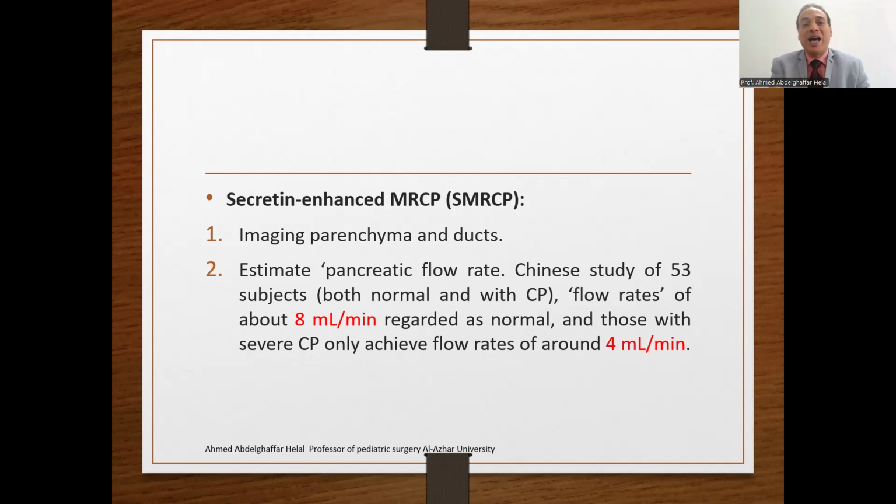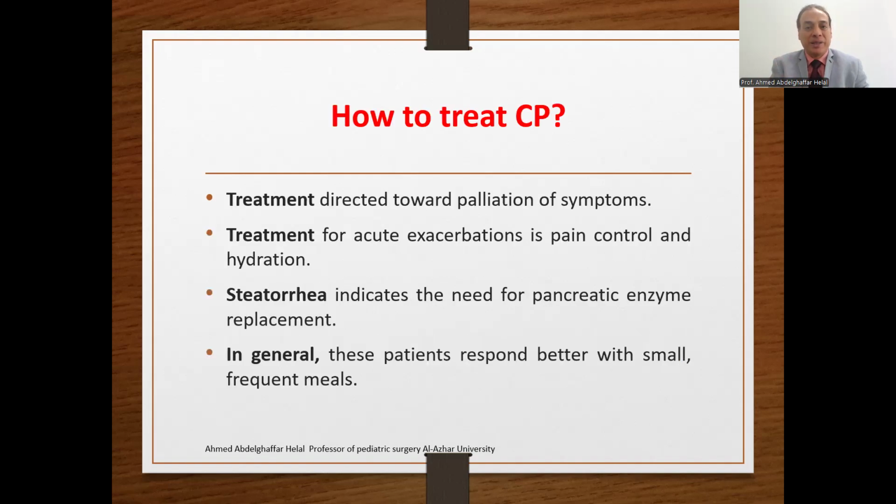So this secretin-enhanced MRCP is a new modality that gives a clearer image by giving secretin, which is a potent stimulant to the pancreatic ductal secretion of water and bicarbonate, and also estimates the pancreatic flow rate, whether normal or severely affected in chronic pancreatitis.